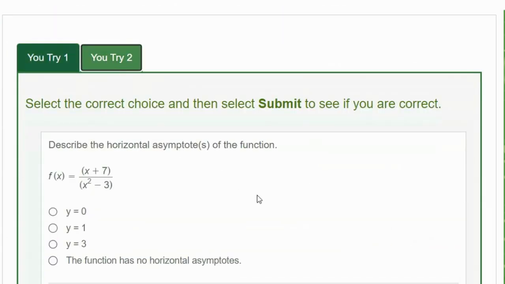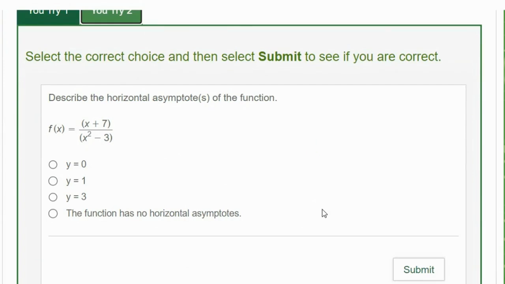You try 2. Is this horizontal? This is what I want to see here. What is the horizontal asymptote of this function? This is the horizontal, the flat one, the one that goes left and right, the one that follows the same direction as the x-axis.